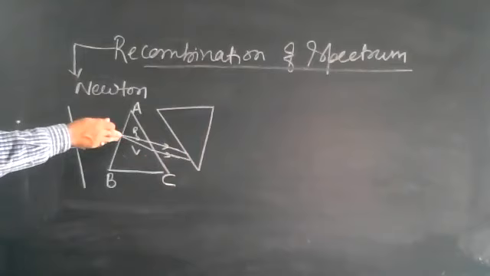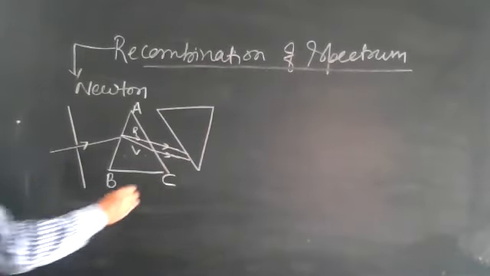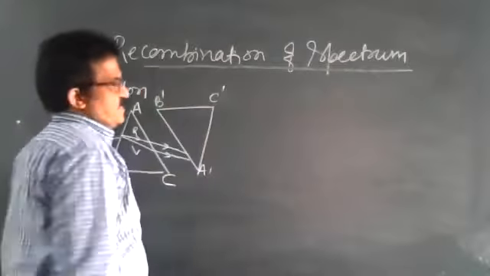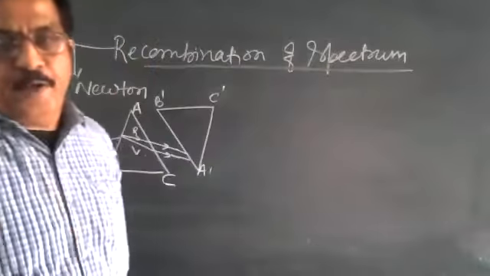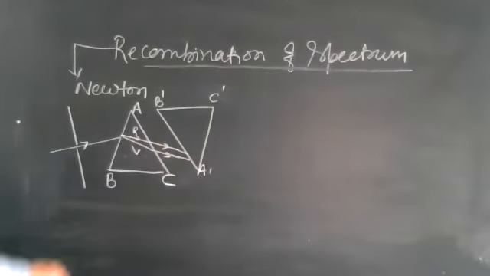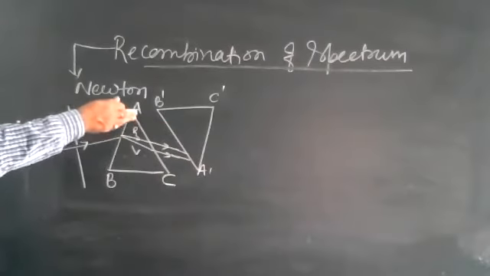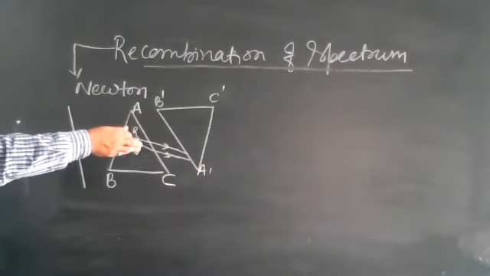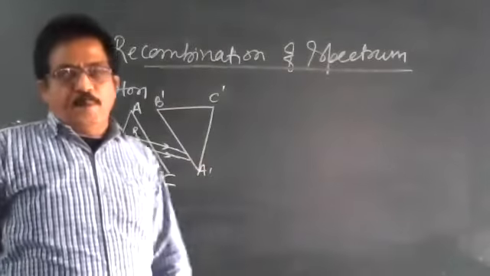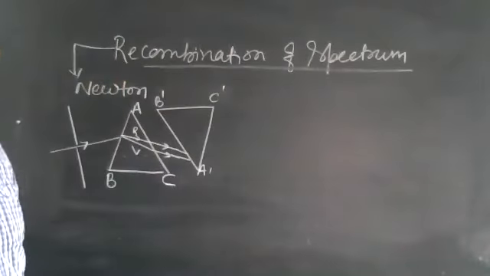Newton then passed the light through another identical glass prism A dash, B dash, C dash. The light that came from one prism will pass through another inverted identical prism. It is alongside the first prism but in the opposite direction.